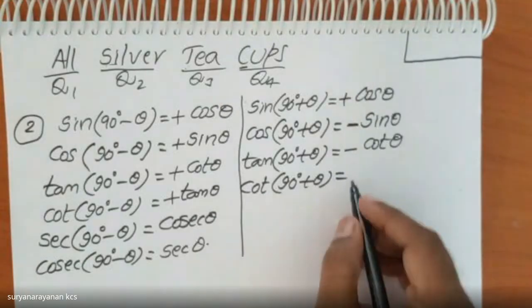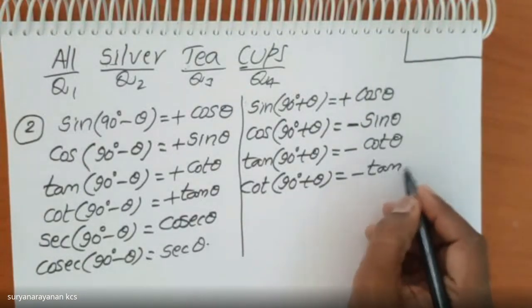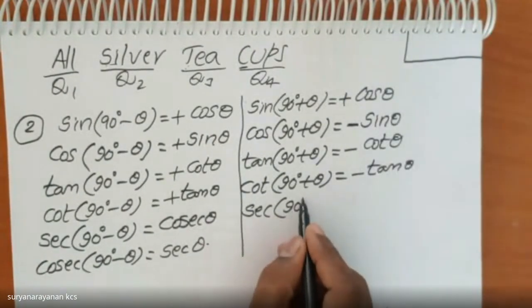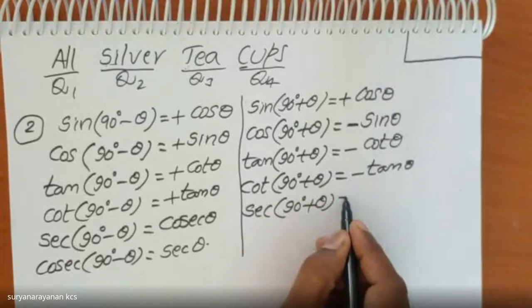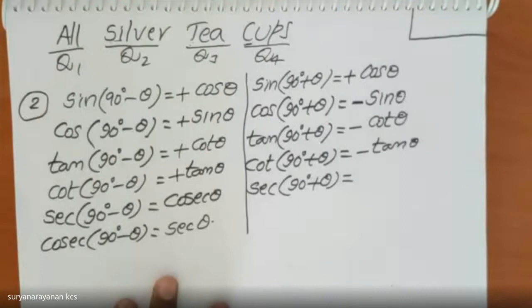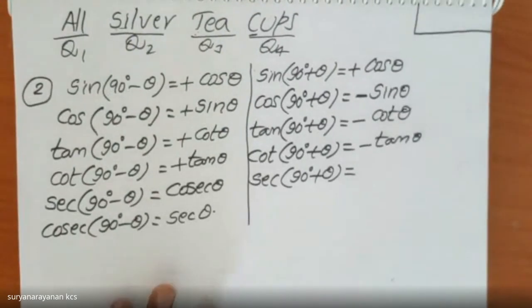Yes, very good, my dear Ria. Minus tan theta. Next, secant 90 degrees plus theta. Can you tell me, Samuel? Secant 90 degrees plus theta.